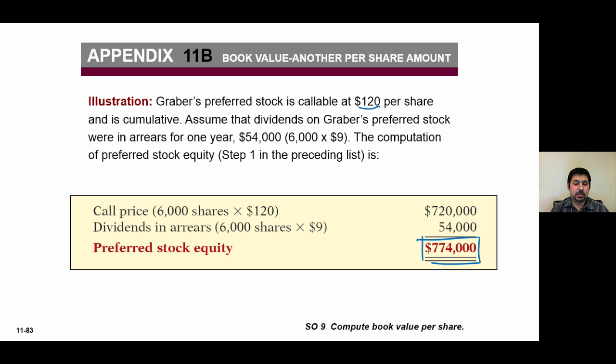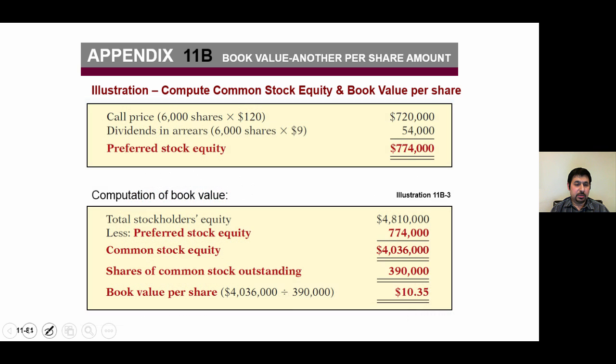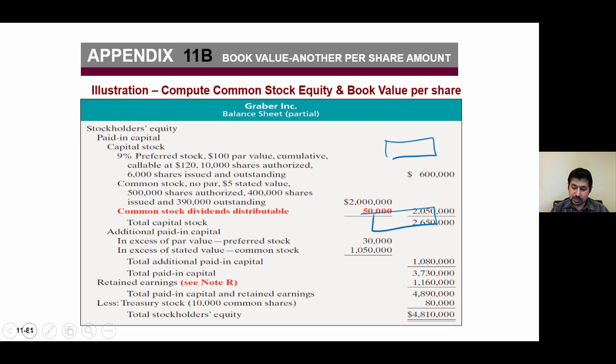This is the preferred stock's part of the stockholders' equity. And this was taken from these numbers here. So the preferred stock equity was 774,000. The total stockholders' equity was 4,810,000. This is again from this number here.